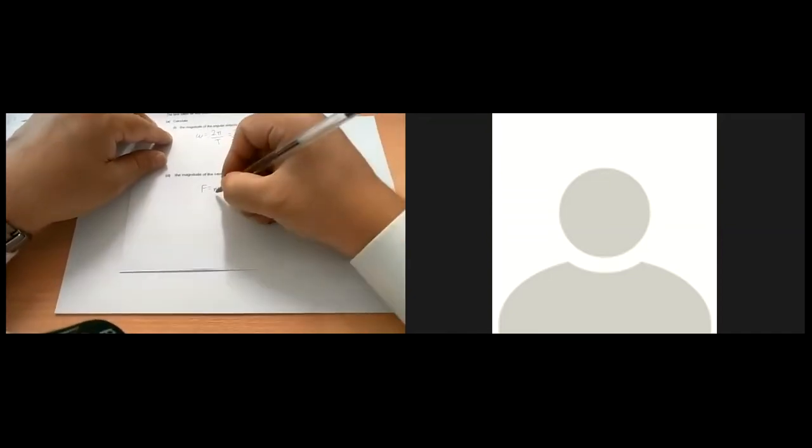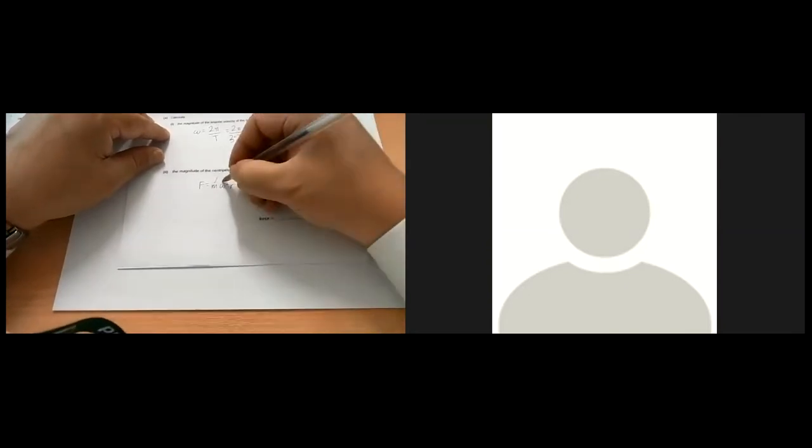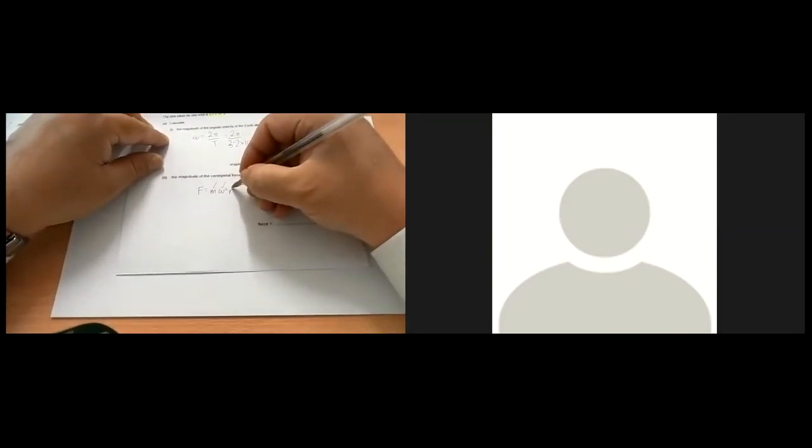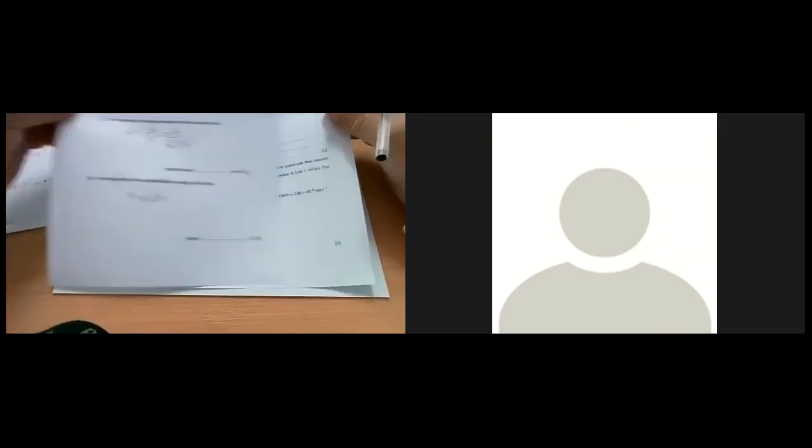You know m, that's the mass of the planet. You've just worked out omega squared in the last question, and then you multiply it by the radius, which remember is this value just here. It does help sometimes if you put some symbols next to the key values so that you can see what they are. Okay, that's the first part.